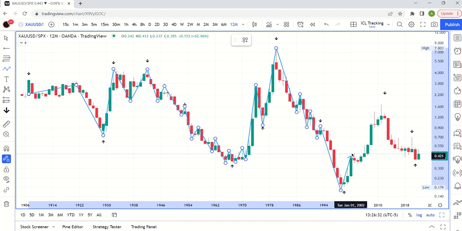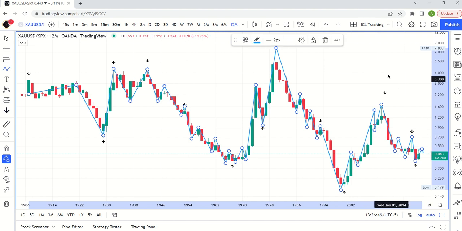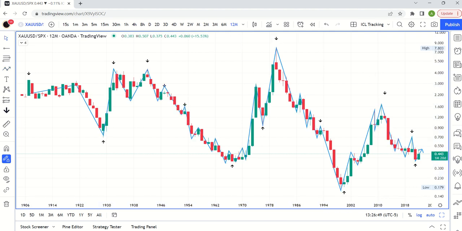This gets a little tricky. And that takes us to here, where we stand today. So we're talking broad strokes here, folks.